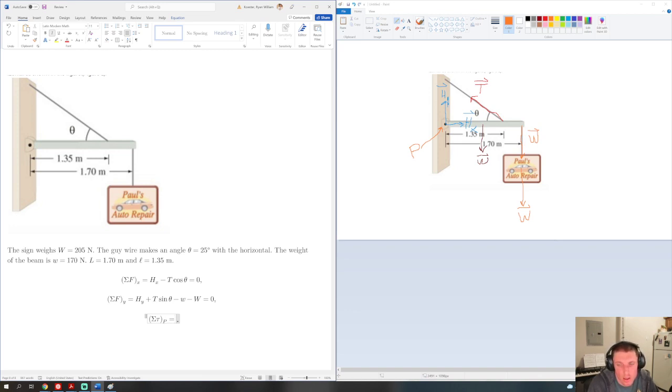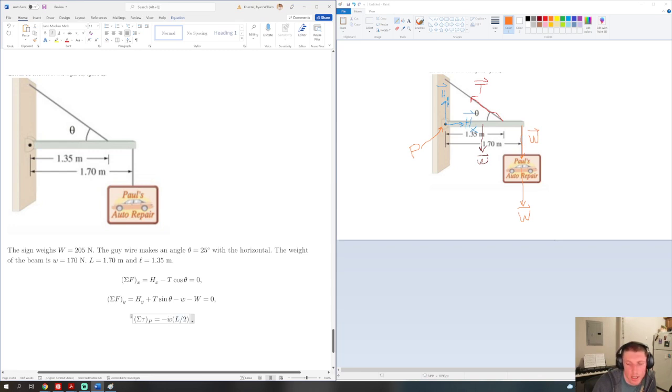The weight force will give us a torque that will tend to make this thing rotate clockwise, so the sign should be negative. What I would write is negative little w times L over 2, because remember, torque looks like r times F. My r is L over 2, and my F is w.